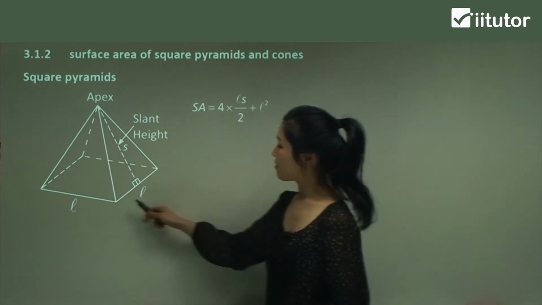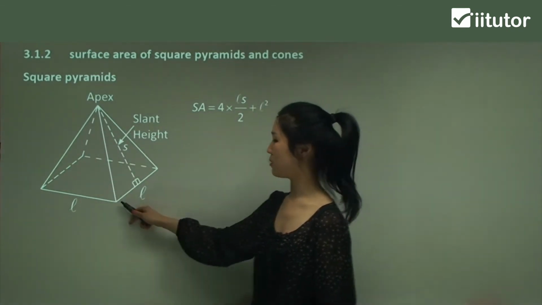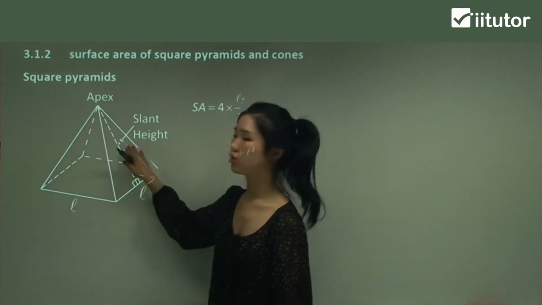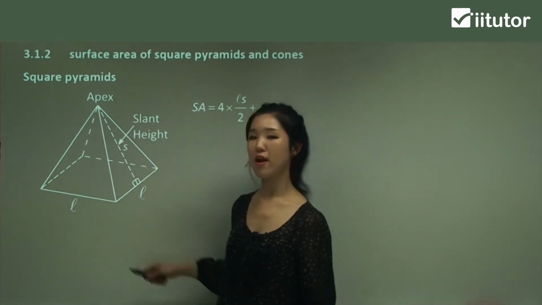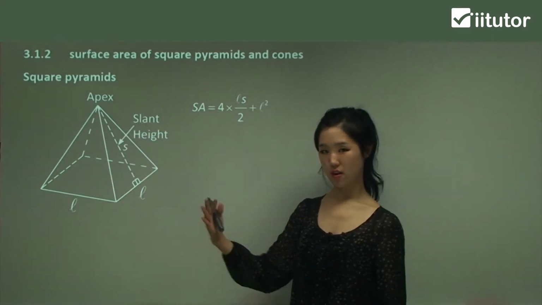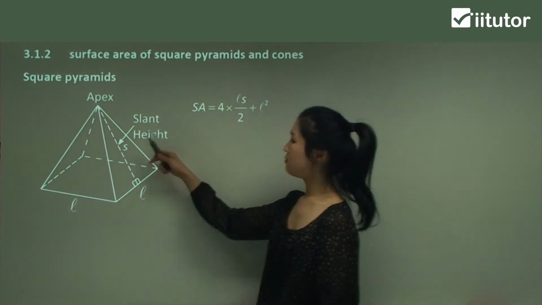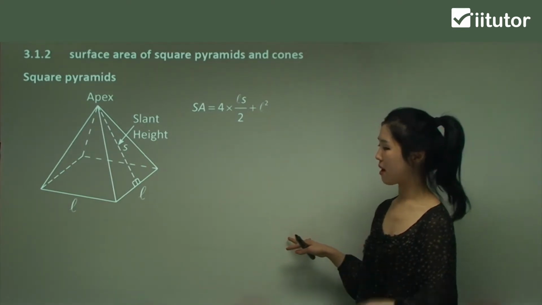Basically, guys, as you can see, there are 4 identical triangles, since the bottom is a square. So if I multiply the area of one of the triangles by 4, I'll get the surface area of the outside parts. As I said, the area of the triangle is half times base times height.